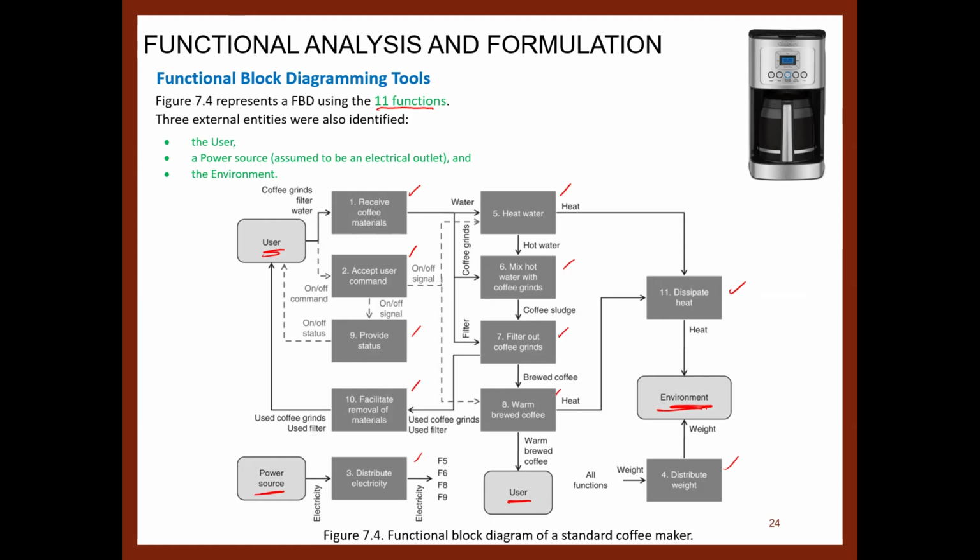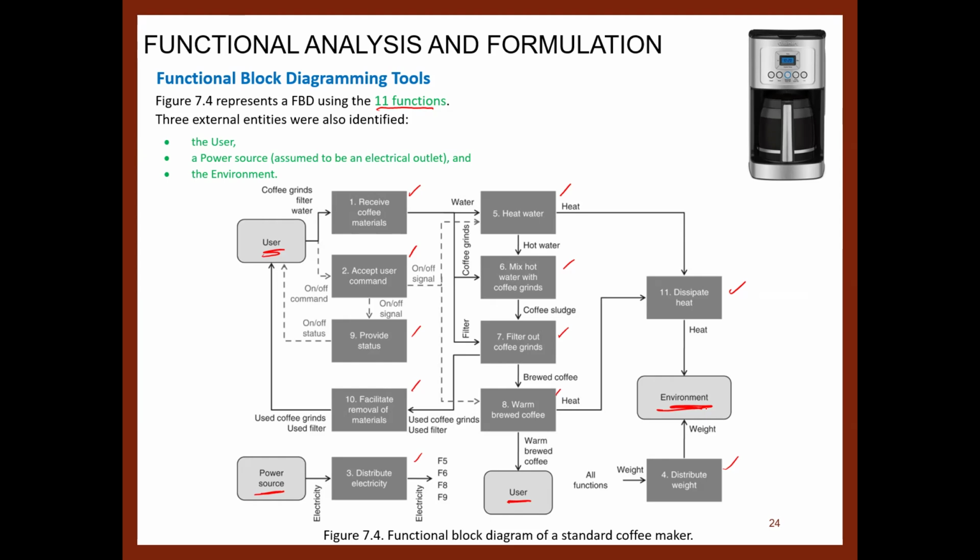So that's distributing the electricity based on the commands. And then there's also another process here that is looking at distributing the weight. There's an environment that is impacting this weight and the heat.